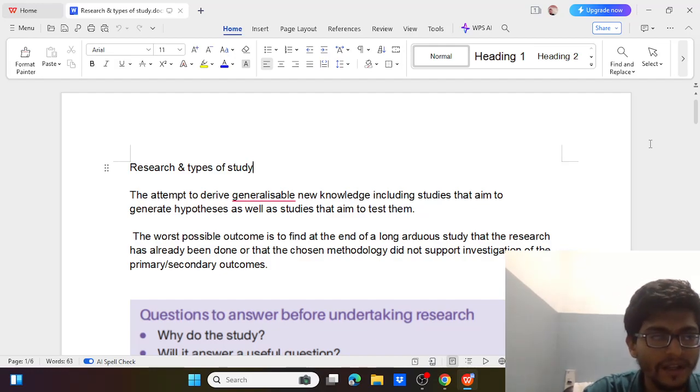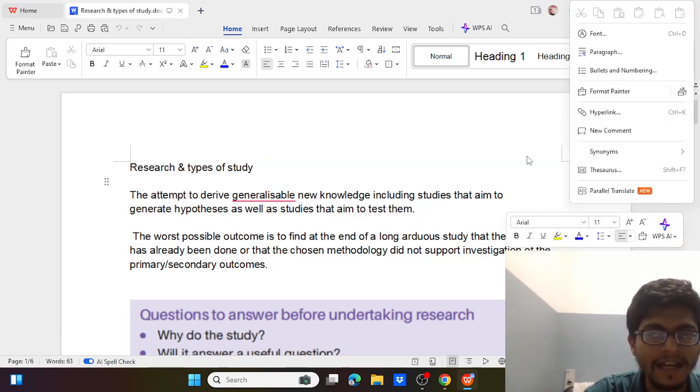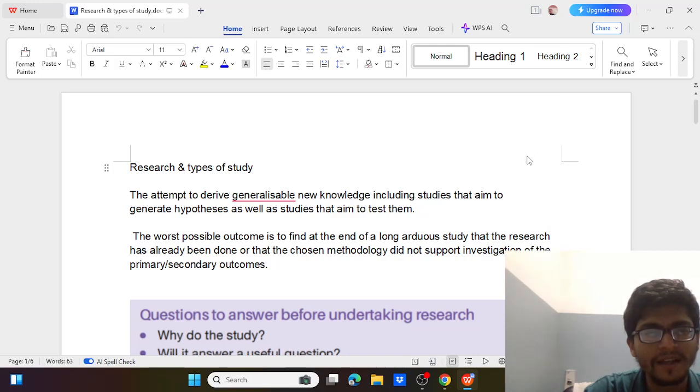So this is the basic fundamental of research. And what worse we can have while doing research is doing the whole research and then later finding out that this research is already done and nothing new has been found out, or reaching the end and realizing that the chosen method is not correct to support our outcomes.